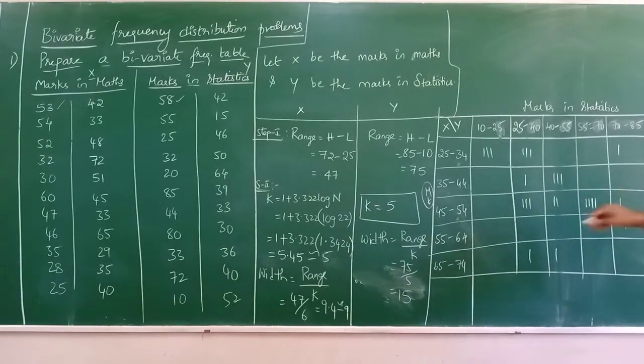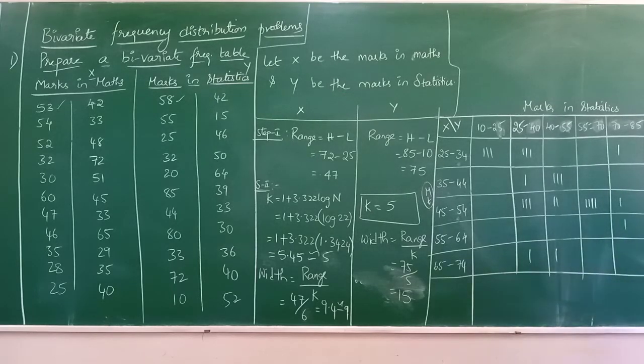Now write down the total. Here 3, 3, 6 plus 1, 7. Next 3 plus 1, 4. 3 plus 2, 5, 5 plus 4, 9, 10. Here 1, here 2. Then tell me the total: 10, 11, 18.